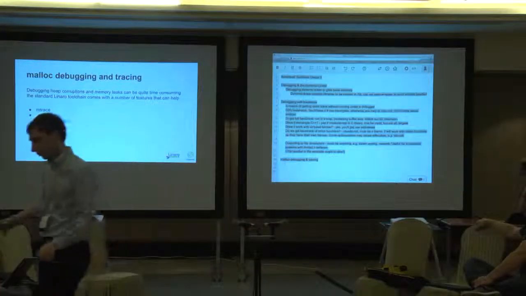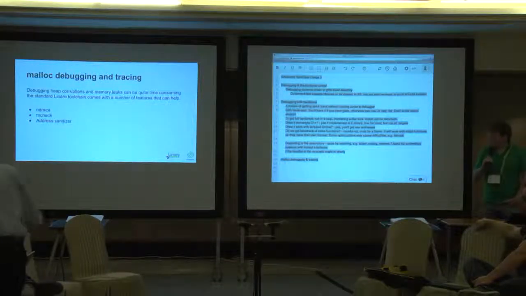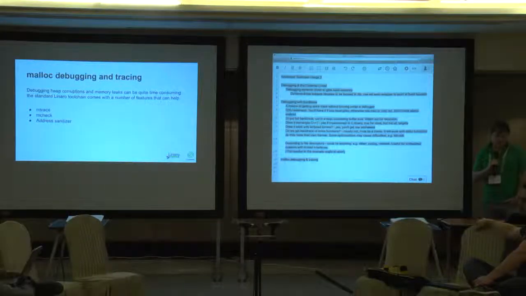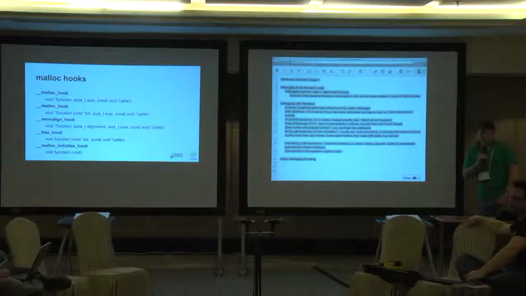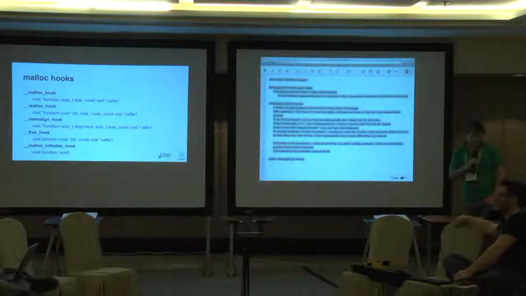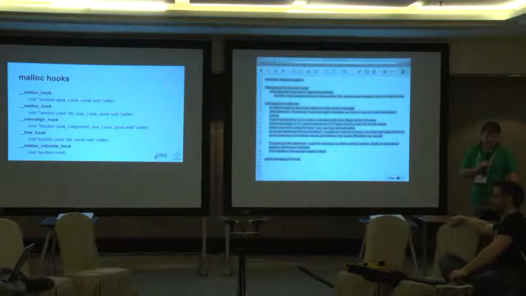I'd just like to cover a couple of malloc debugging tricks that you can use with the standard Linaro toolchain. glibc comes with some more GNU extensions for doing malloc hooking, which lets you install a function that's called whenever any of the allocator functions are entered.